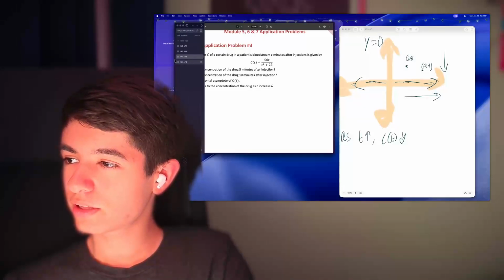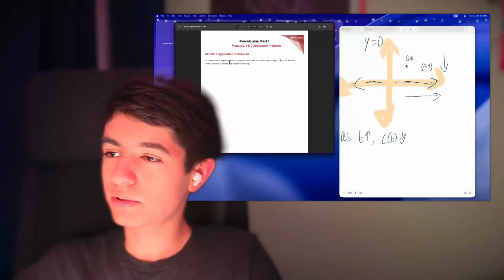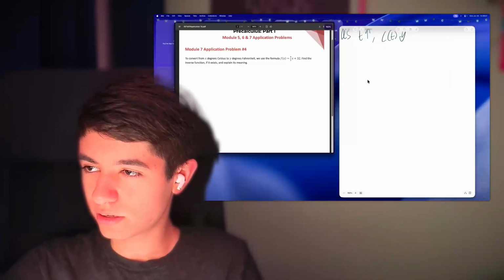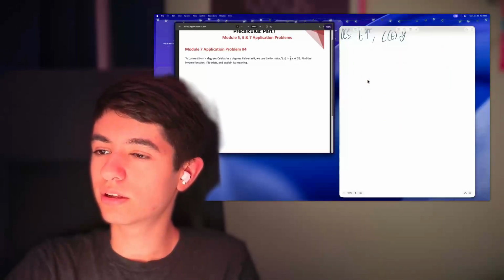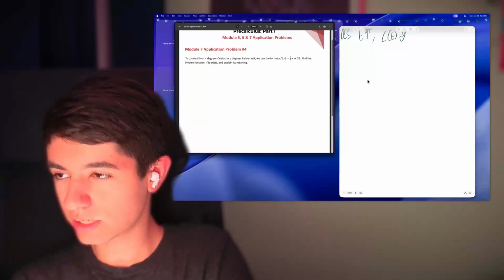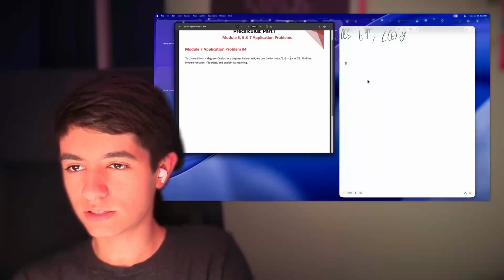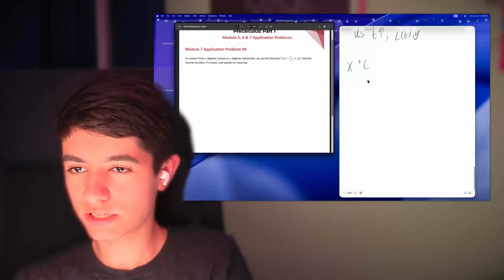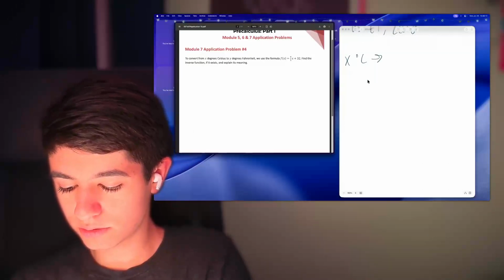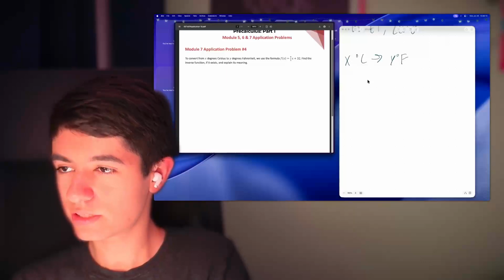Now finally, let's look at Module 7, application problem number 4. We want to convert from x degrees Celsius to y degrees Fahrenheit.